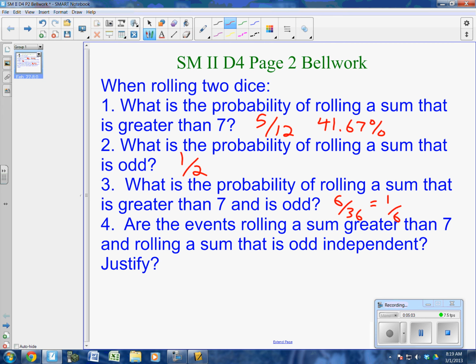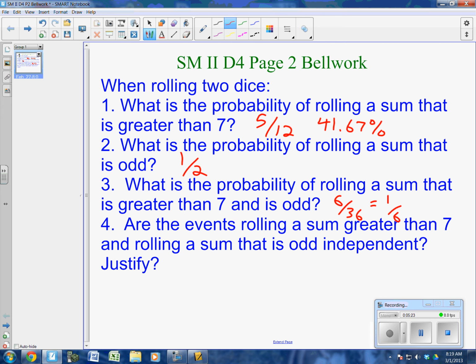Okay, so last question. Are the events rolling a sum greater than 7 and rolling a sum that is odd independent? Justify your answer. What do you think? They have to be 7 and odd?